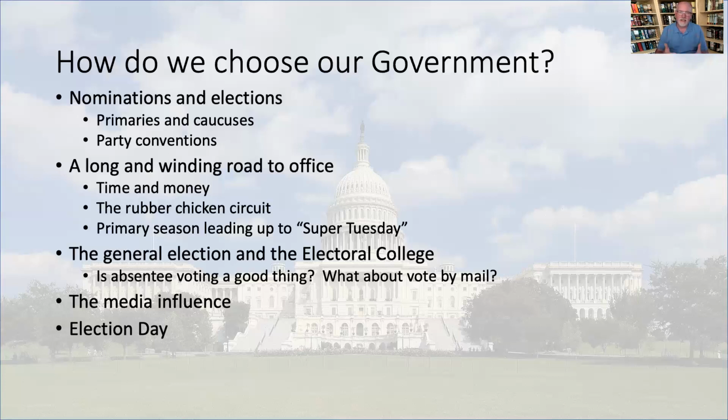Now, why does it exist? What's the point? Well, the Electoral College was intended to ensure that we did not have elections by popular vote. Let me repeat that. The Electoral College was intended to ensure that we did not have elections by popular vote.